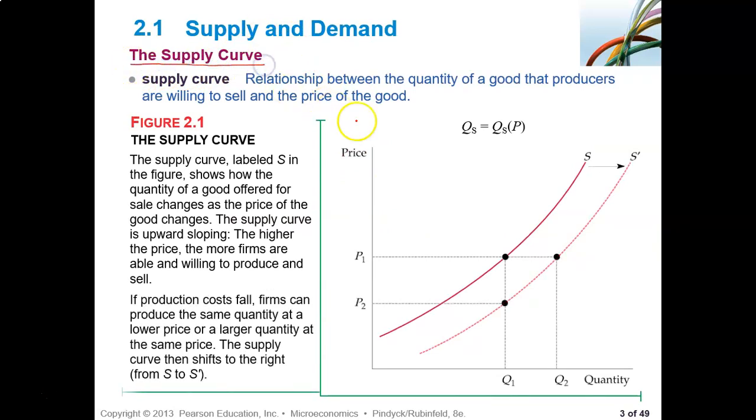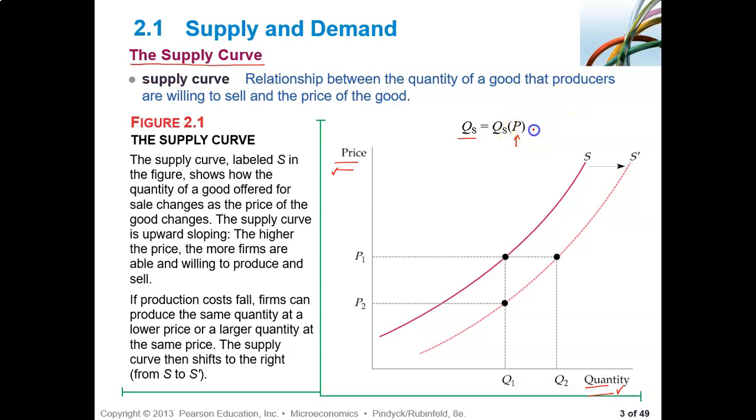The supply curve shows us the relationship between the price of a commodity and how much the producers want to offer for sale. Producers have resources, and with the help of technology they produce goods and offer them for sale, but the amount they want to offer depends on the price. Quantity supplied depends on the price of the product.